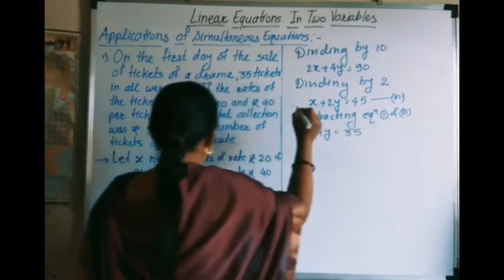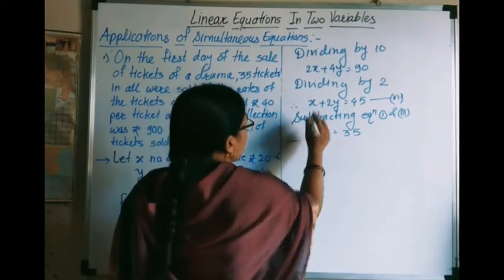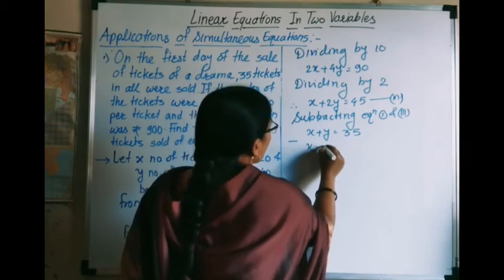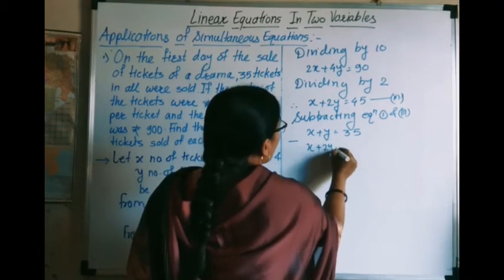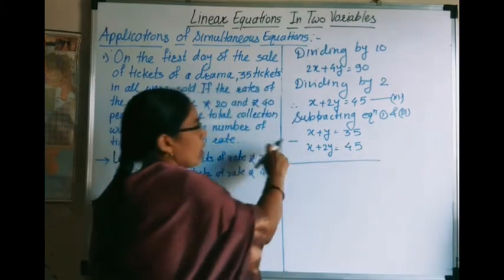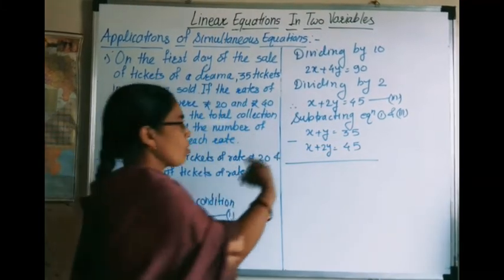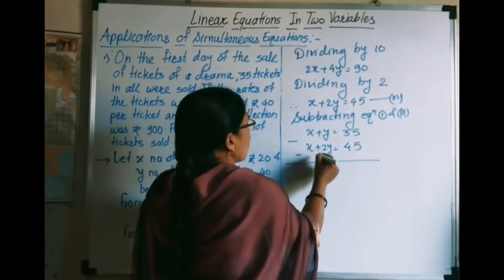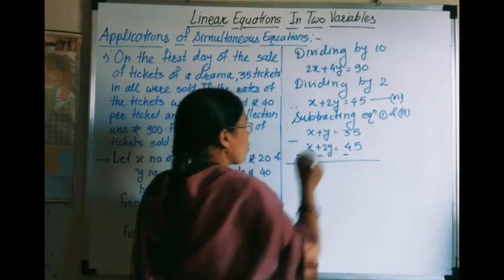This is equation number 1, minus equation number 3, x plus 2y is equal to 45. Because of this subtraction, all signs of the second equation will be changed.